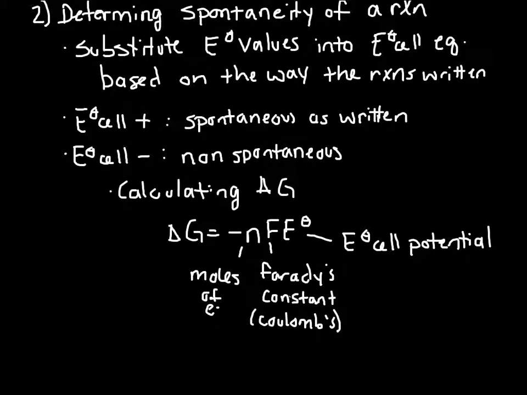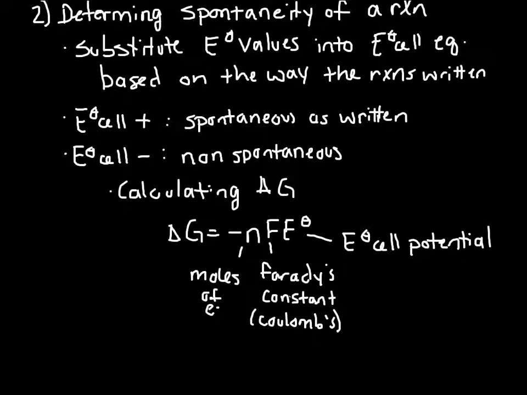Do not change it, just identify what is being oxidized and what is being reduced in the reaction given to you. If the overall value for your E cell is positive, the reaction is spontaneous as written. If your E cell value is negative, it is not spontaneous.